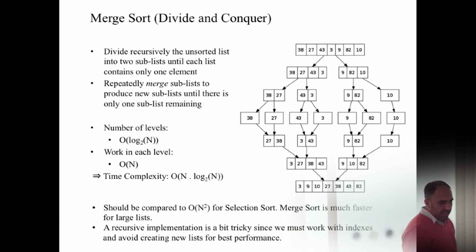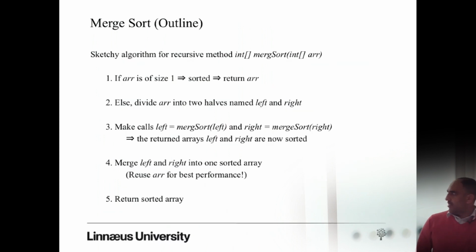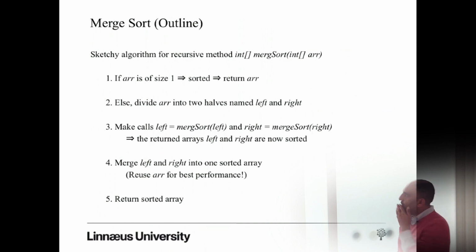Okay, and this is just an outline of the algorithm: we start from the first level, and then we go until the size is 1. Size 1 means the array has only one value, which we assume is already sorted, and then we start calling.